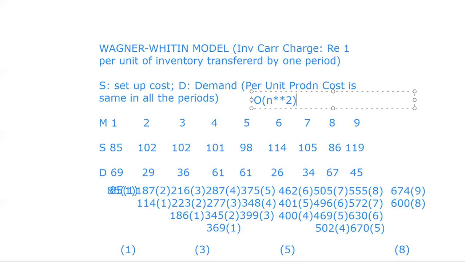OR specialists will be interested to find out what the complexity of the Wagner Whitin algorithm would have been. Typically, the number of stages is 1 to 9, and the number of states is the number of entries in the column, whatever your production schedules are.